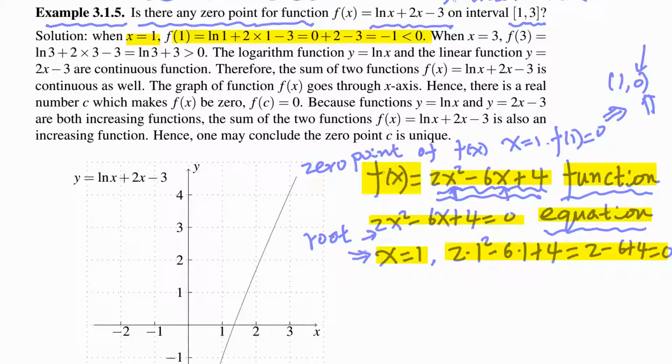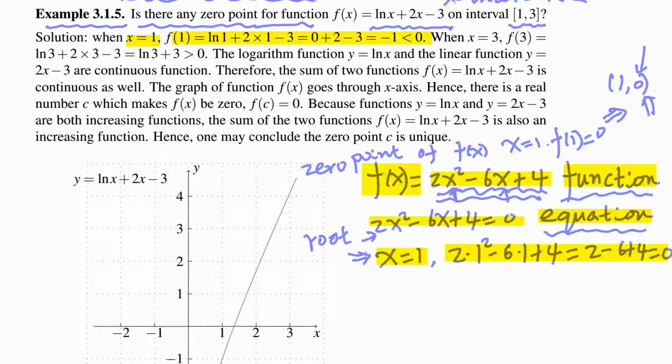Then 2 times 1 is 2, minus 3, so we have a negative value. And the picture is that when x equals 1, here we have a value y of -1.